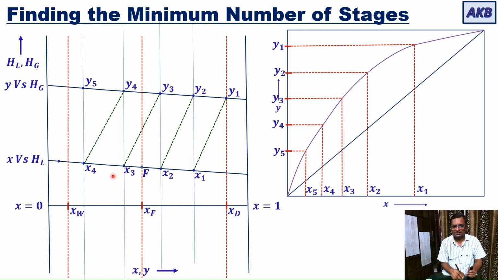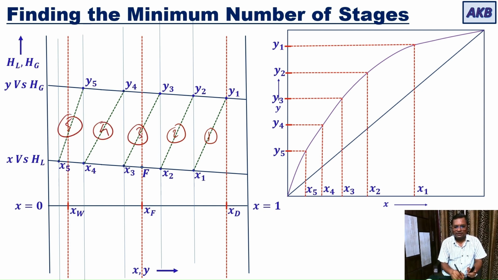So that ends. The number of tie lines you have drawn will be the minimum number of ideal stages. If I count, this is 1, 2, 3, 4, and 5. So in this case, the minimum number of ideal stages is equal to 4 stages plus 1 reboiler.